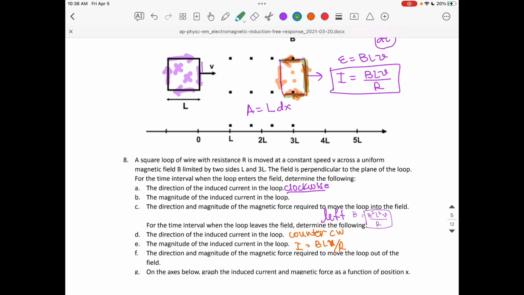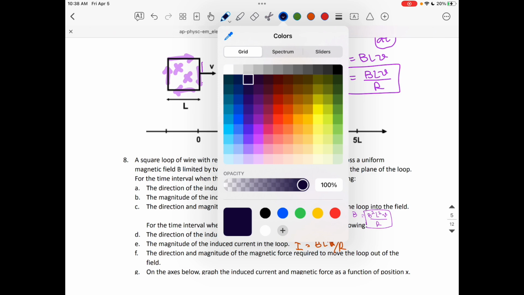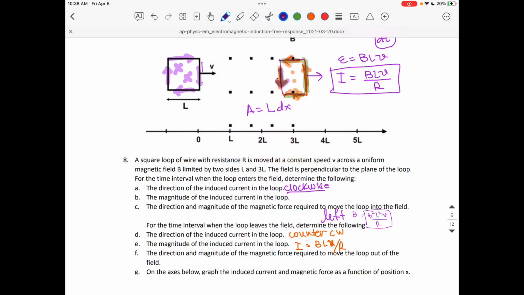And then the current, as it goes down on this side, this is the one we really want to focus on, is going to experience, because the current's going down and the magnetic field is coming up, a force pulling to the left.